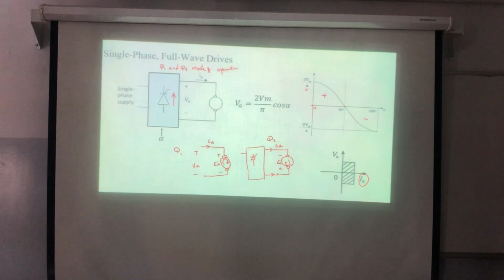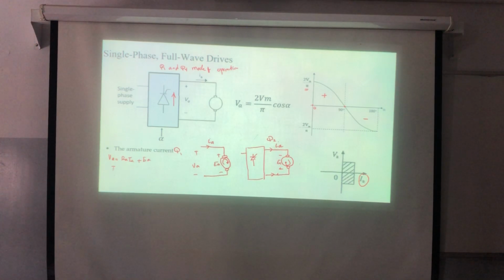So, if I need to write the armature current, IA will equal what? Now we know that VA is equal to RA IA plus EA.